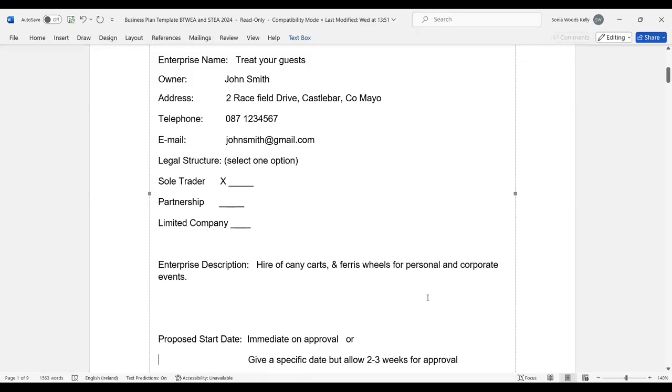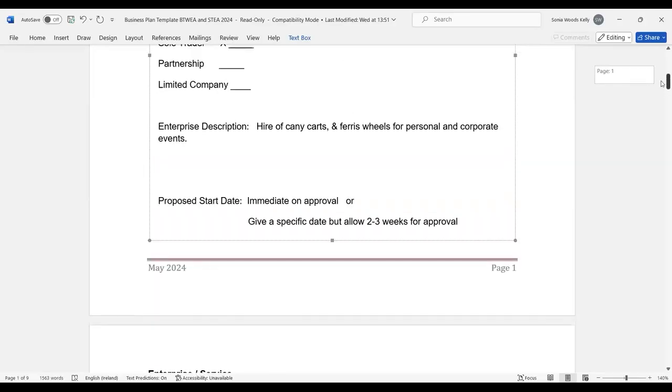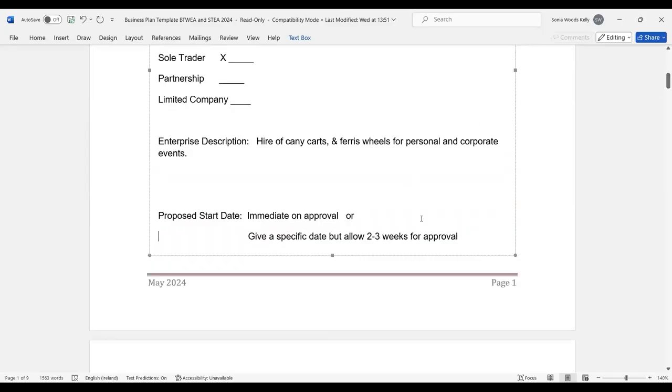And the final part in this section is your proposed business start date. So there's two options I'm suggesting here. One, you could put in that you're proposing to start your business immediately on approval of your application. So once your application has been approved, you're going to then start trading.